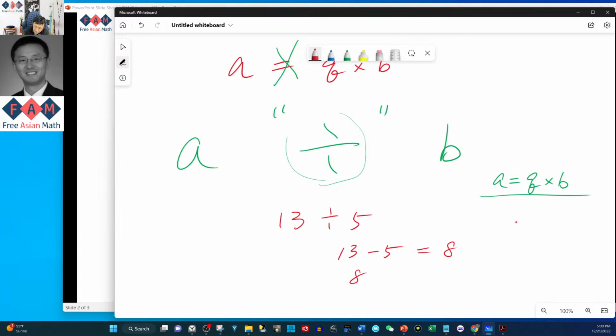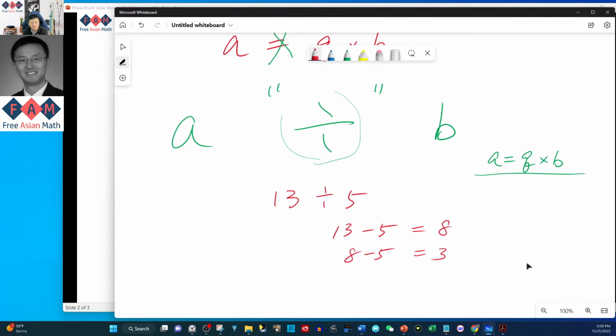And then we subtract another 5 from 8, we get 3. And that's where bad things happen, right? If we subtract another 5 from 3, what do we have? Well, we know at this point we will get -2. But that's something weird. This is -2.